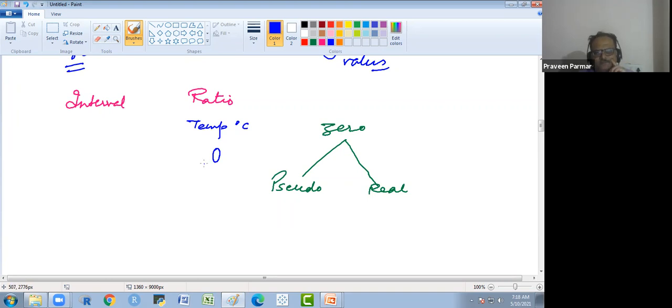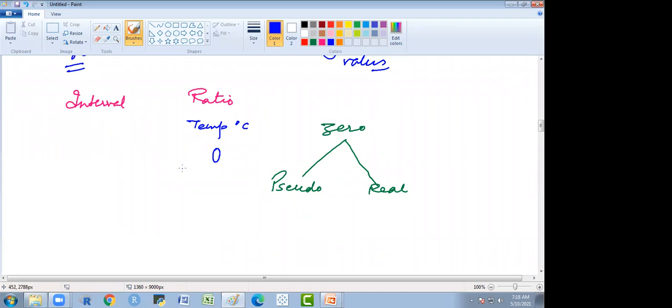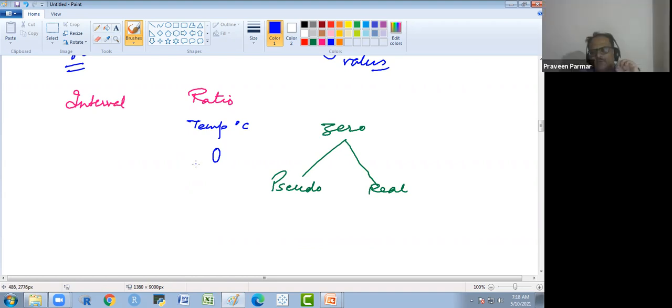What do you say? There is temperature. The value of temperature is there. It is not a real zero. It is a pseudo zero because there is some temperature, still it is telling zero.